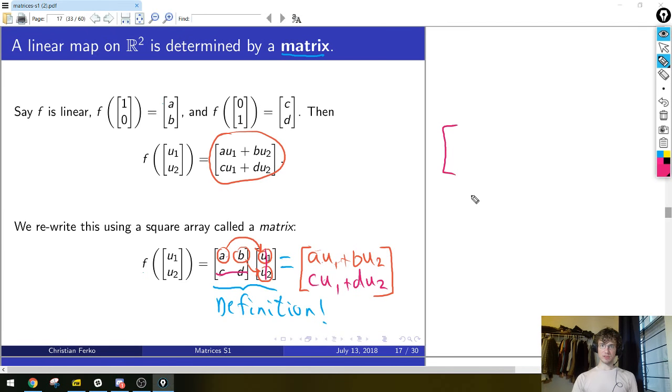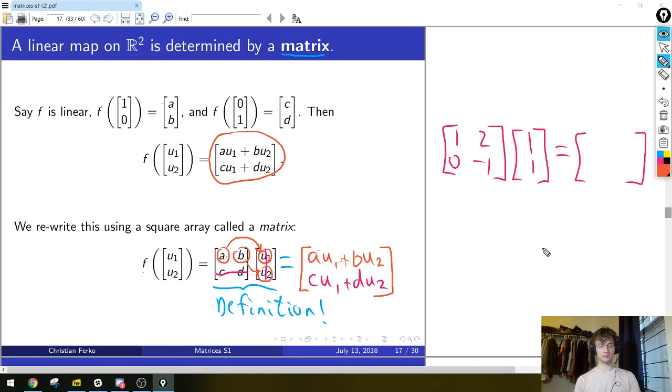So let's just practice that very quickly. I'll pick specific numbers for these a, b, c, and d. So if I have 1, 2, 0, minus 1 times the vector 1, 1. So I'll ask you to tell me what are the two components, the top and bottom, which come from this horizontal line, vertical line pairing. So what's the first one when I take this horizontal line and this vertical line?